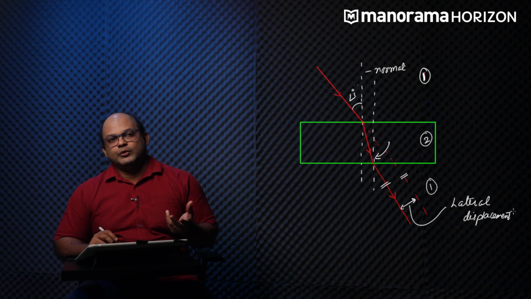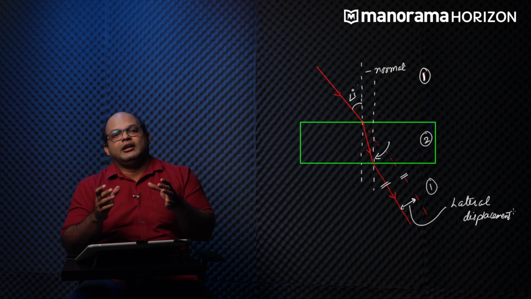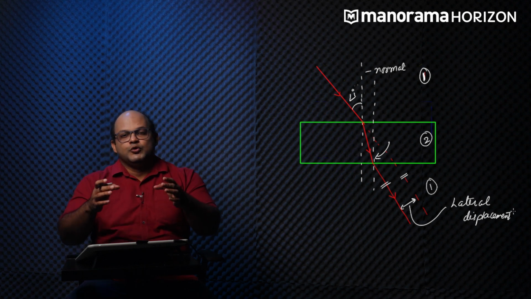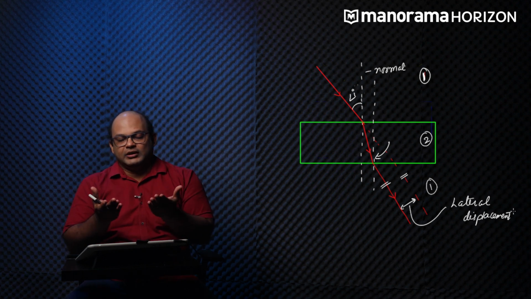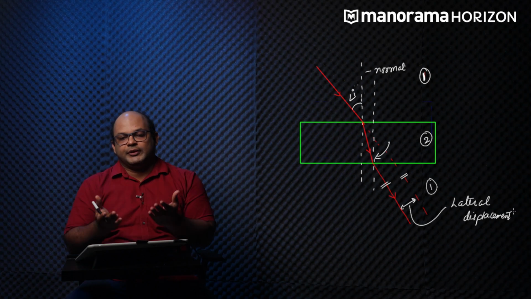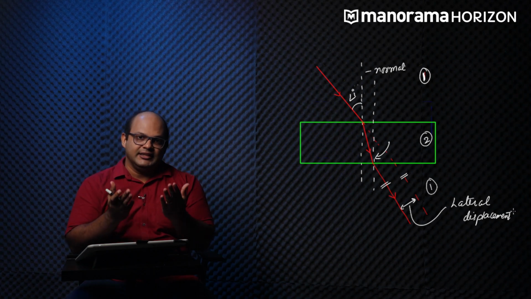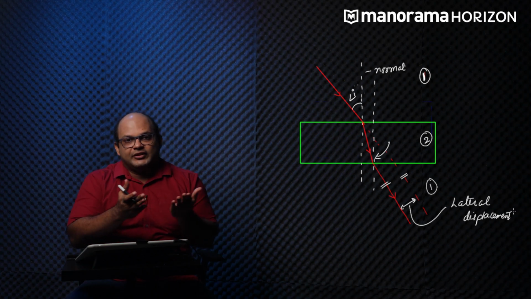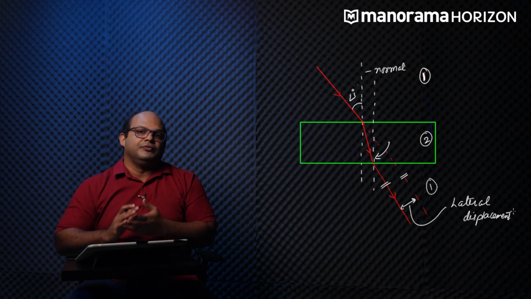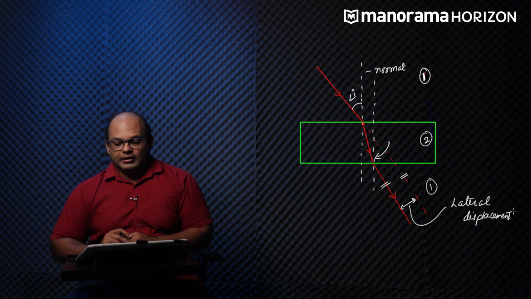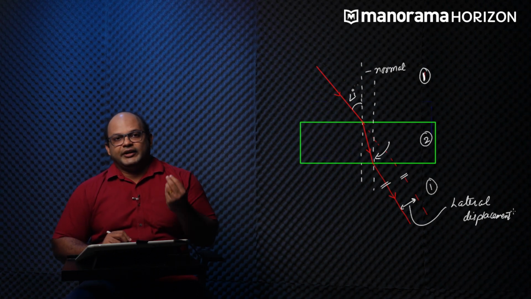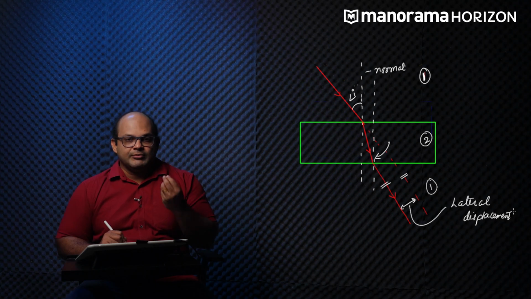There is an easy way to see this happening. Just take a clear glass slab and put it over a newspaper. You will feel as if all the letters in the paper are raised. This is because the image that your eye is seeing of those letters has been laterally displaced, in this case in the upward direction.